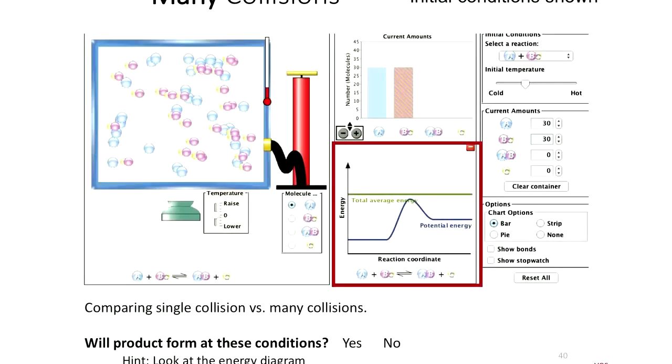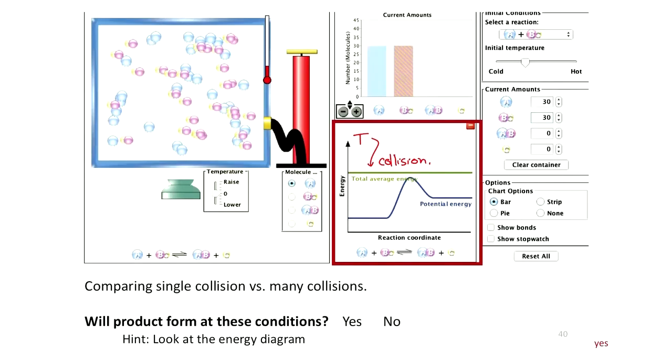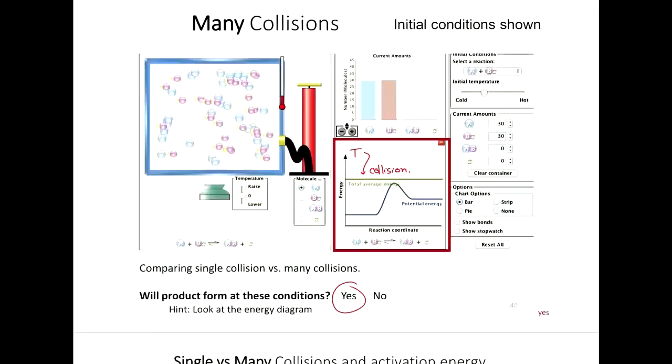If this is the temperature, there is your total average energy of your collisions. Will this lead to forming products? Yeah, the total energy is way above that activation energy. So most of these collisions are going to lead to chemical reactions. So if I just let this reaction go, I should see reactants start to form products over time. Yes. Okay, so that is for a many collision system.